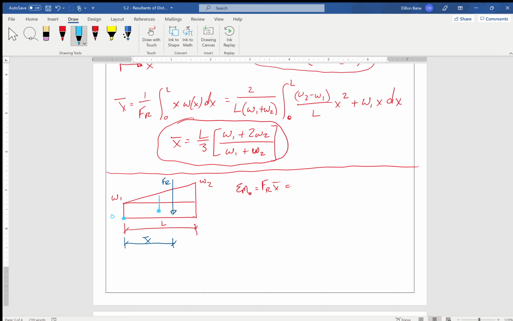The distributed load is going to act right here in the middle of the rectangle. So the moment then is W1 times L. That's the magnitude of that force, and then we multiply it by L over 2 because that's the centroid of the rectangle, right?